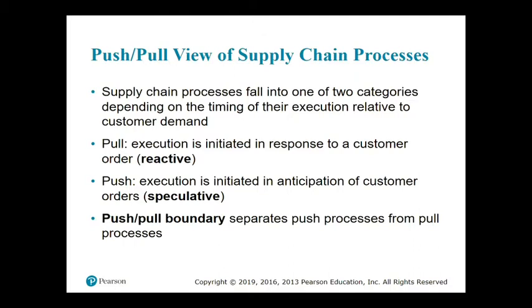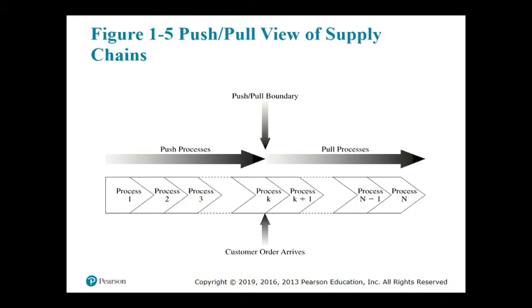Then between these processes, we have the so-called push-pull boundary. And usually in supply chains, we'll see push processes in the upstream of the supply chain and pull processes in the downstream of the supply chain.